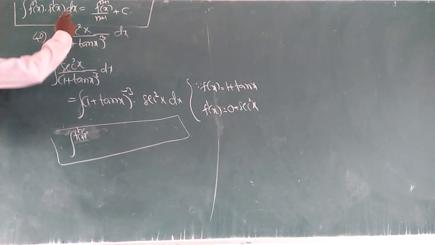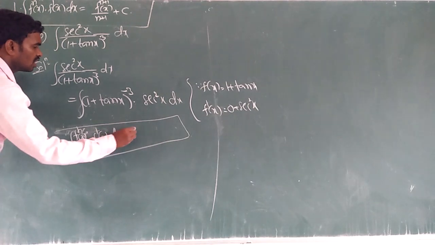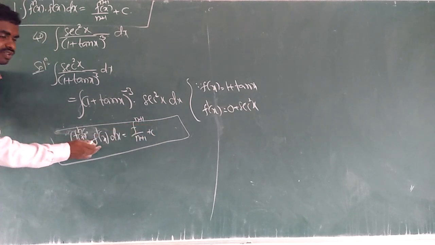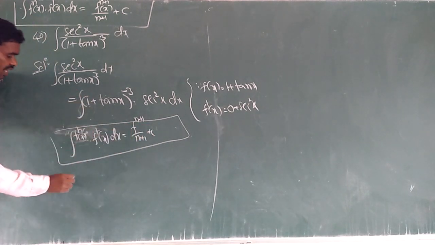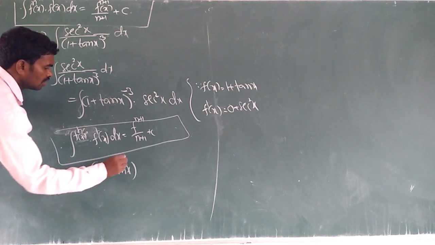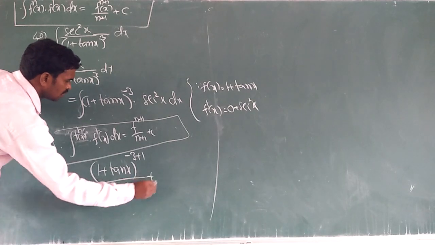So here it is, the same formula only: the integral of f'(x) dx equals f to the power of n plus 1 by n plus 1, plus c. According to this formula, for this solution we write (1 plus tan x) to the power of minus 3 plus 1, meaning n plus 1 by n plus 1, and plus 3.